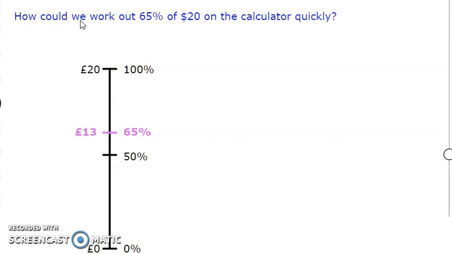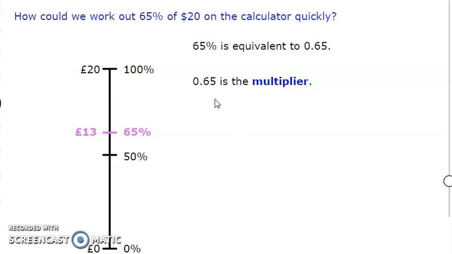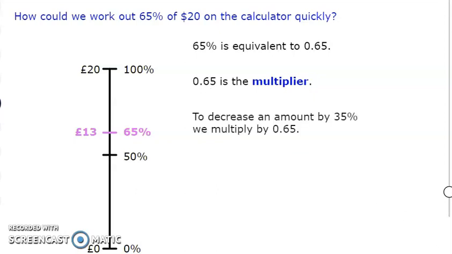Now, how could we work out 65% of $20 on a calculator quickly? 65% is 0.65. So the multiplier is 0.65, and to decrease an amount by 35%, we multiply by 0.65.